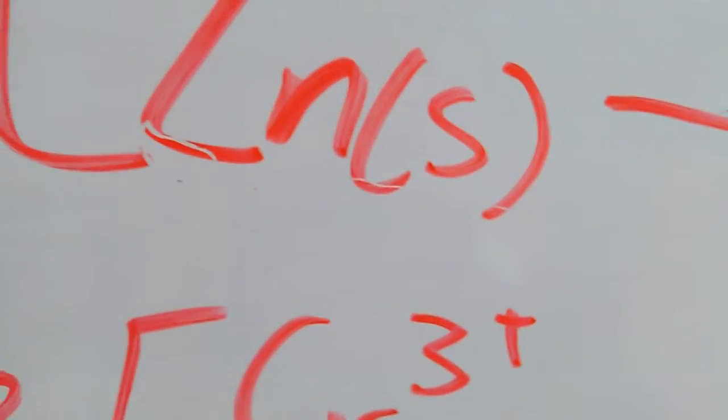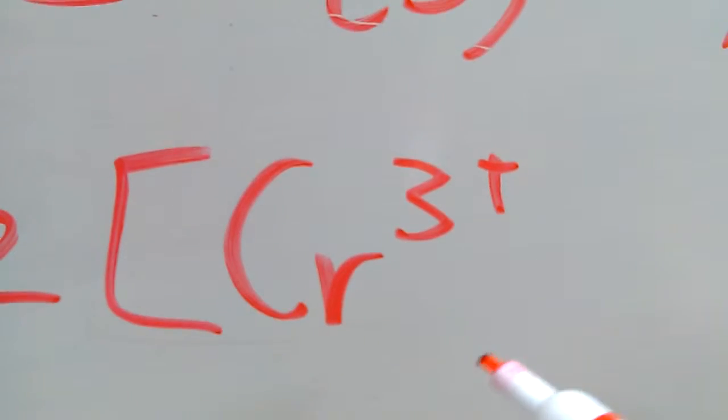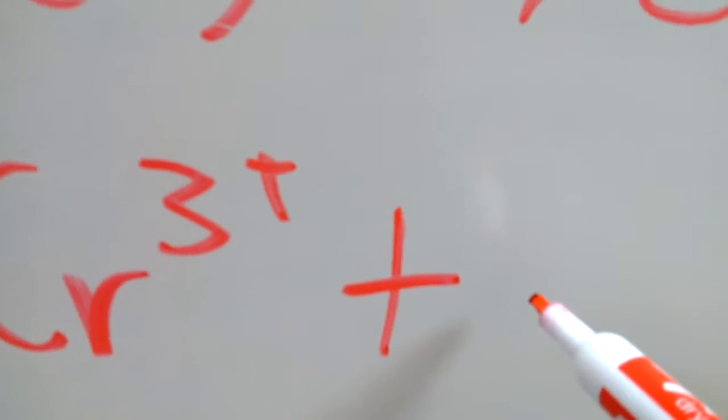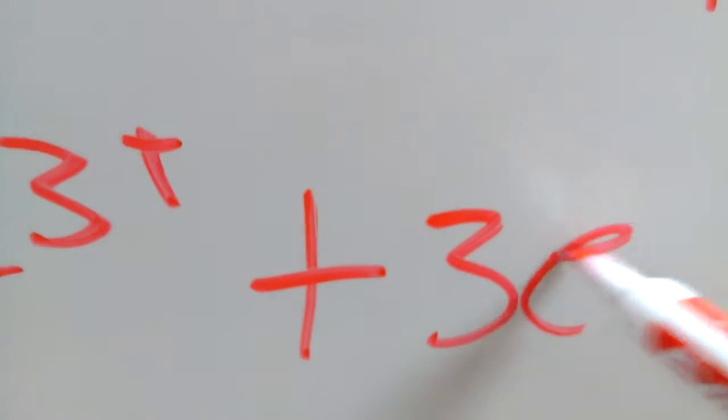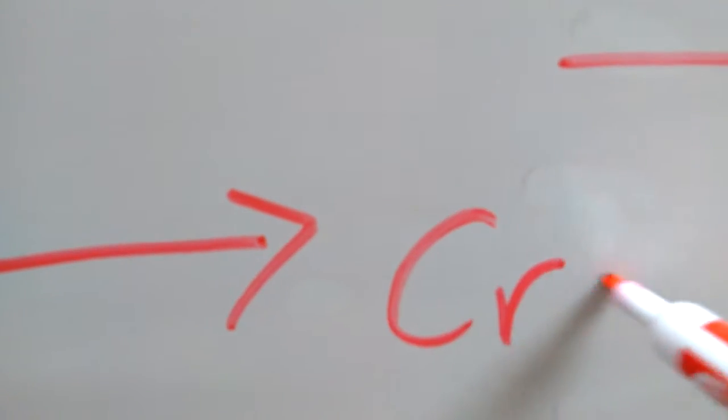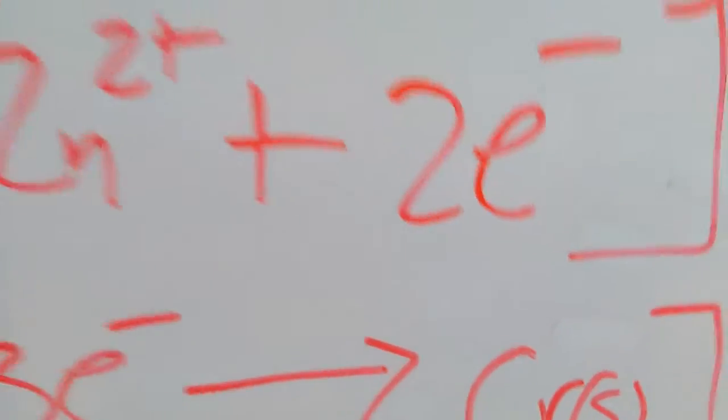All right, so now you're going to go into your chromiums. For me, I just write my coefficient right at the end, and it's going to be Cr3 plus. Here you're actually going to gain 3 electrons, so it's plus 3 e minus, and it yields your chromium solid there.